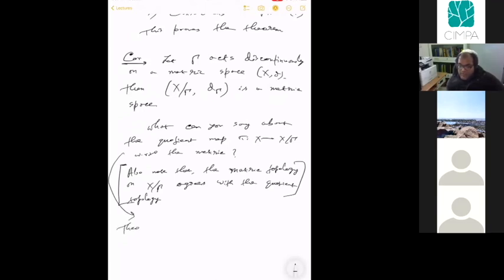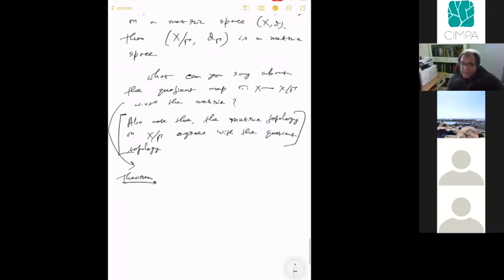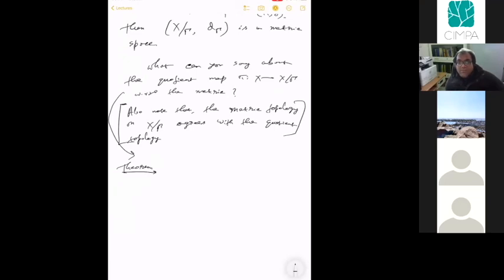So the answer to this question is given by this theorem.